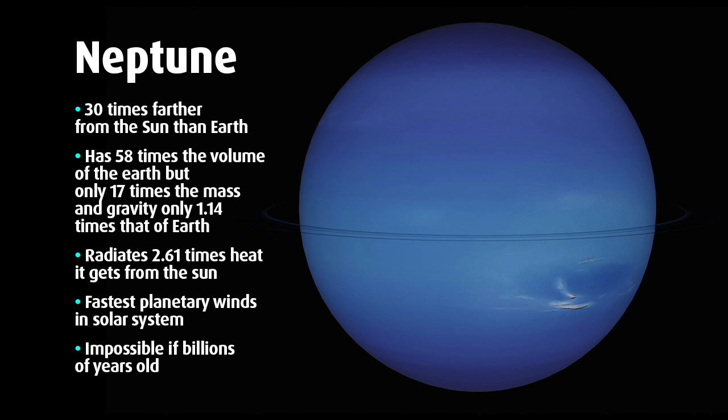But it's radiating 2.61 times the heat it gets from the sun. And Neptune has the fastest planetary winds in the solar system, which requires lots of energy in spite of it being in the big deep freeze of our solar system. Again, that's impossible if it's billions of years old.